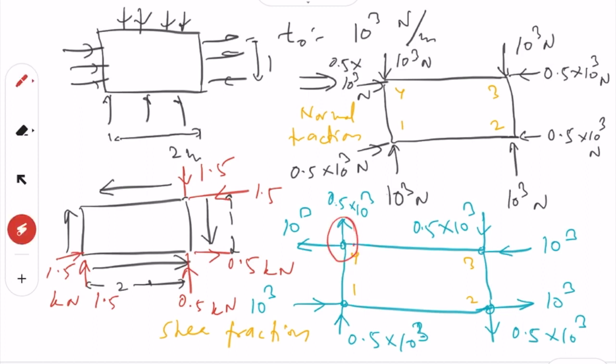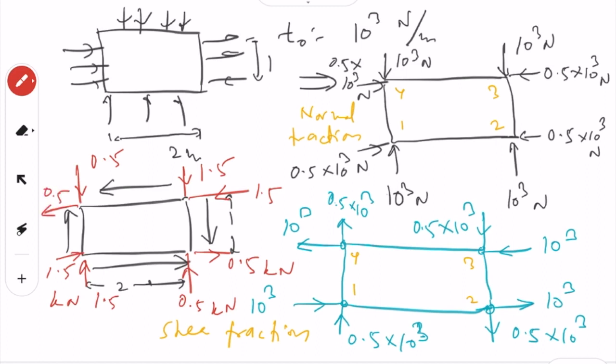Here we can check, this is 1 downward and 0.5 upward. So downward will be 0.5. Here to the right 0.5, to the left 1. So to the left it will be 0.5.